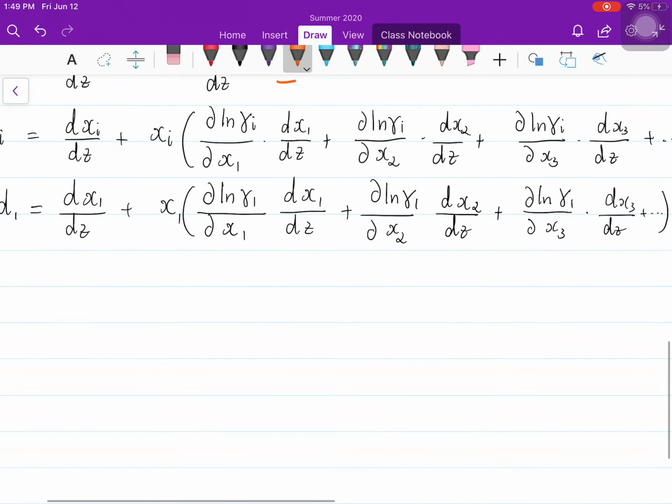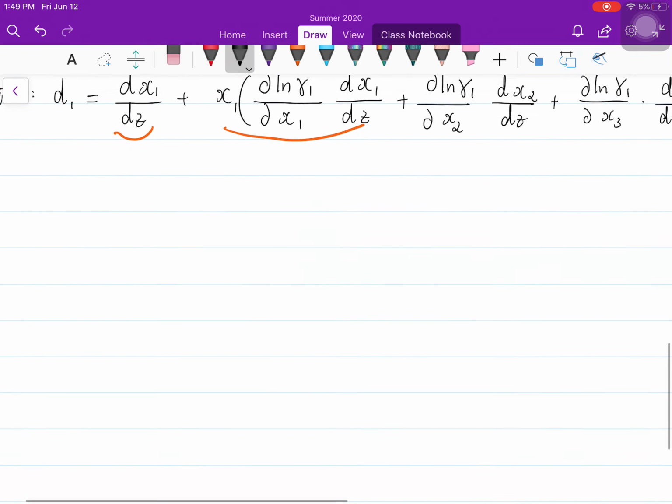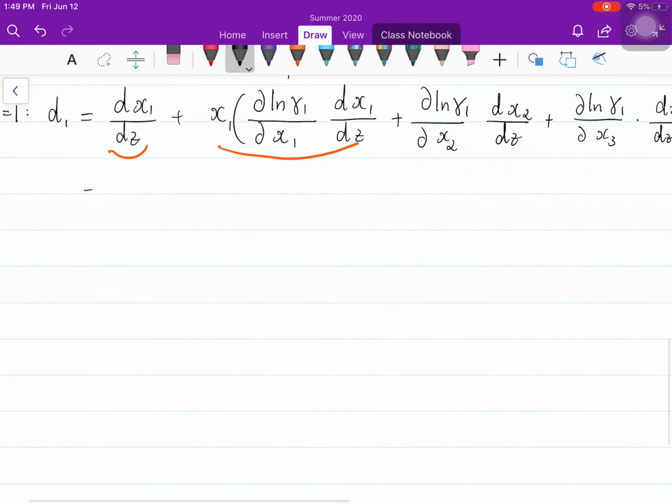The next step, I will group these two together. So we have the derivative of x1 with respect to position times 1 plus whatever is left here, x1 times the partial derivative of the natural log of the activity coefficient of species 1 with respect to the molar fraction of species 1.